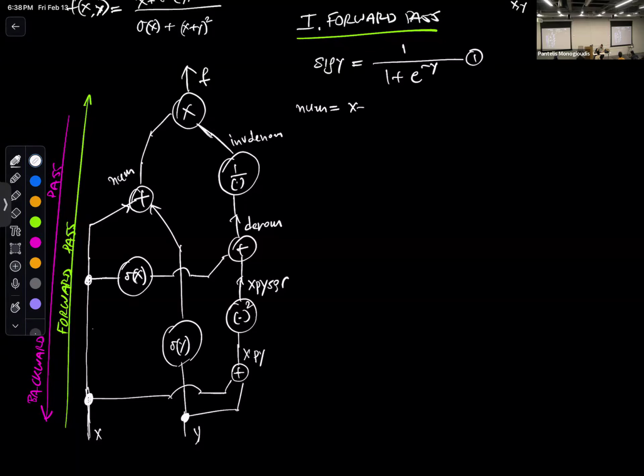Nu is equal to x plus sig y. Notice that I didn't write x plus 1 over 1 plus e to the minus y. I reused the fact that I already have computed the sig y. There is a memory that contains the value of sig y here because I computed it in step 1. I'm just retrieving it like a pointer, doing the calculations here, and storing that into another memory.